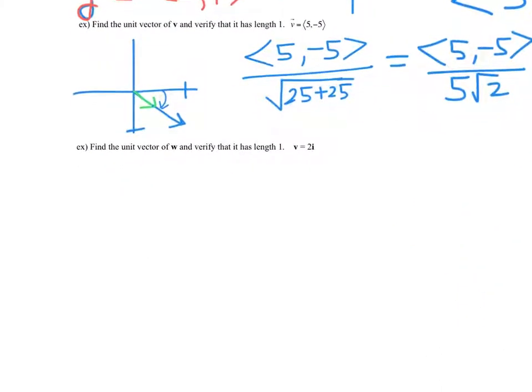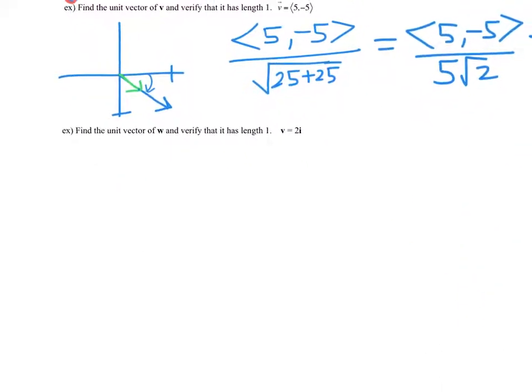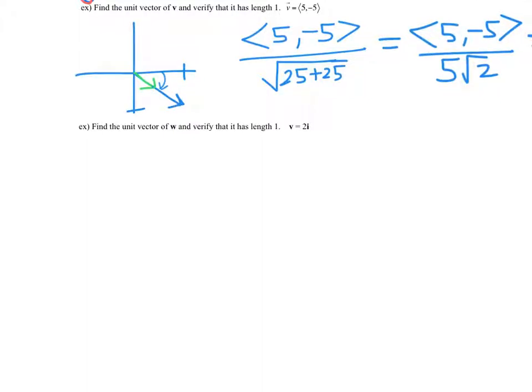Find the unit vector of V and verify that it has length 1. All right, so V equals 2i. Let me show you two ways to do this problem. One is, if you don't like 2i, which a lot of people don't, 2i is the same thing as 2 times vector i, which is 1, 0. And this is just the same thing as writing the vector 2, 0. We want to find this guy's unit vector.